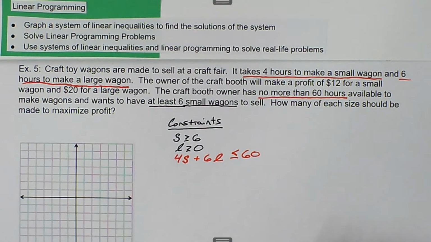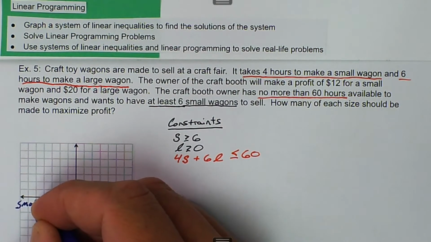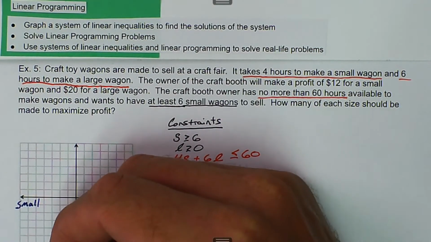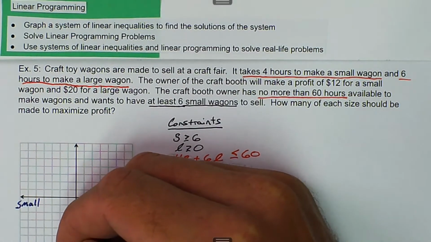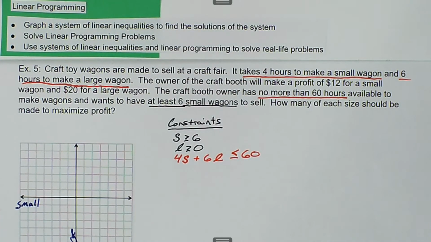So if we say that the x-axis is the small wagons, and the y-axis is the large wagons. Again, we don't have to pay attention to the negative side because we're dealing with positive integers here. And we go to graph this.